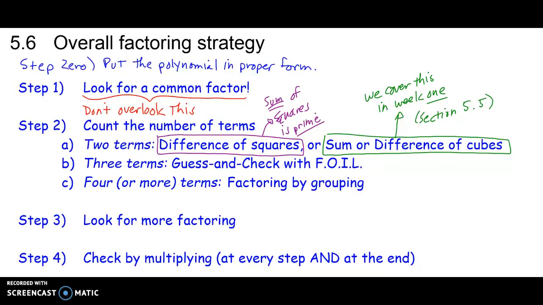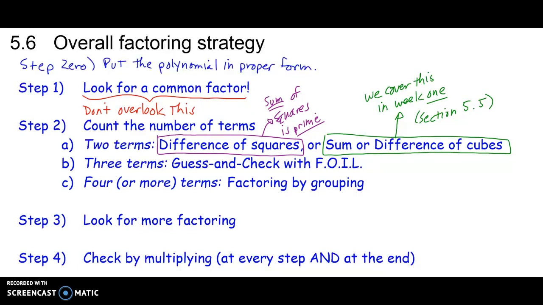If you have 3 terms, if you have a trinomial, the technique you're going to use is from section 5.2 and 5.3: guess and check, using FOIL, figuring out the possibilities and eliminating possibilities. And the only way to get good at that is to practice. Everybody wishes there was a shortcut. Everybody wishes there was a formula.